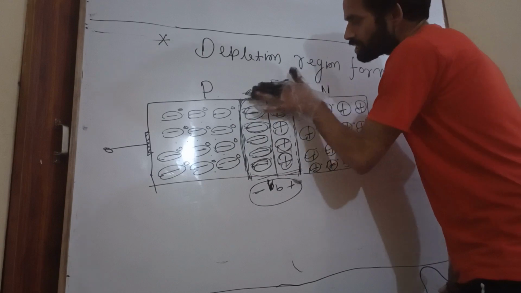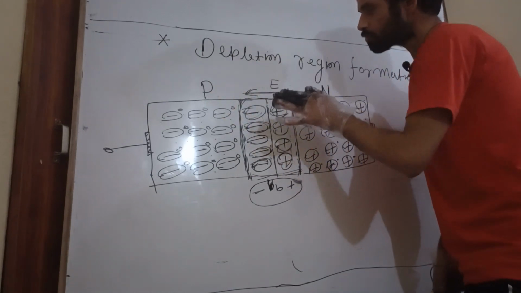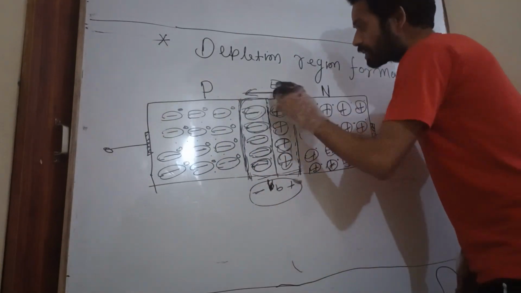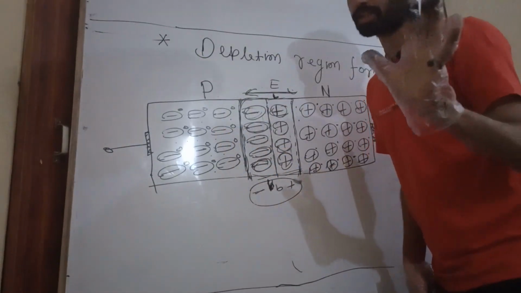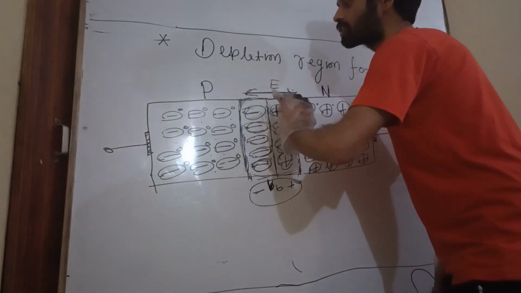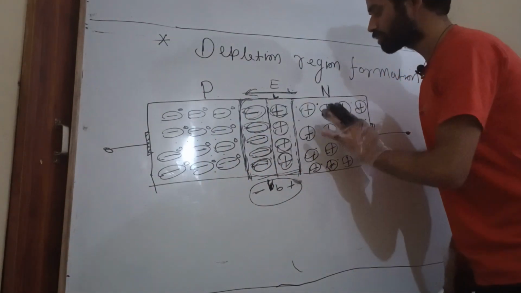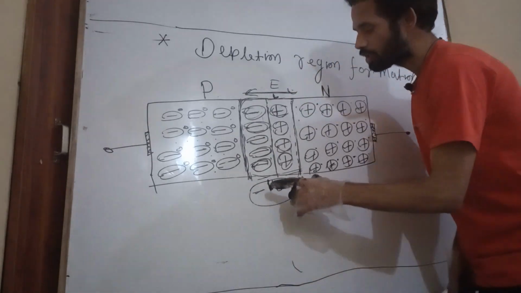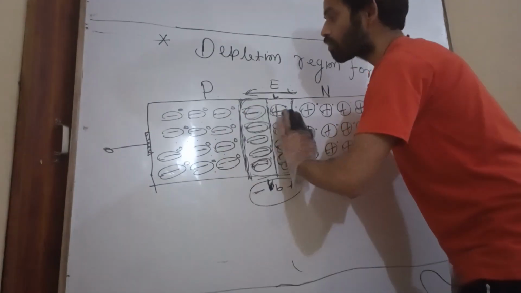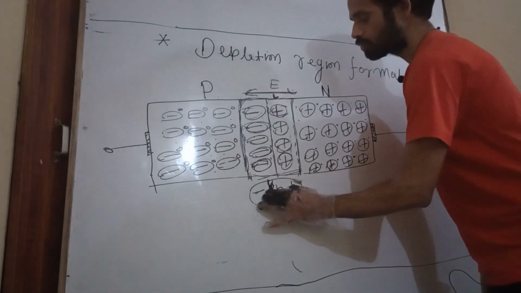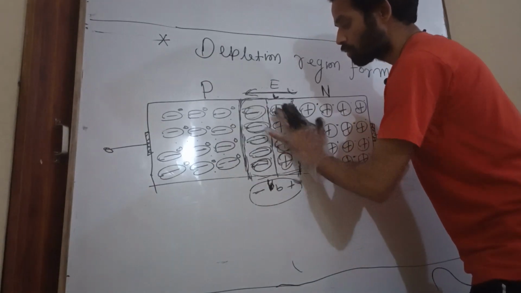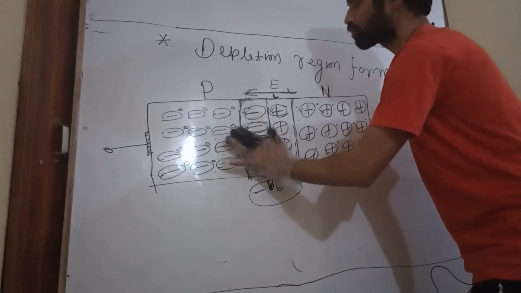Once the depletion region forms, this electric field is there. This electric field will oppose the further migration of charge carriers through the junction, and it will oppose the flow of majority charge carriers, but it will support the flow of minority charge carriers. And this built-in potential will limit the diffusion process across the junction.